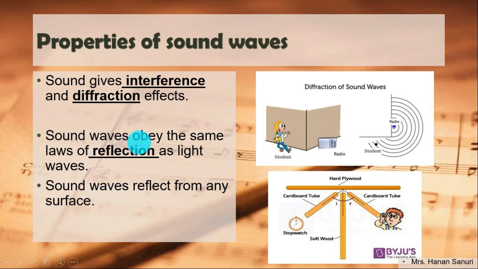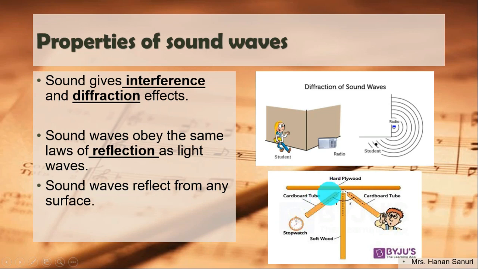Sound waves obey the same laws of reflection as light waves. We talked a lot about the law of reflection of light. Here also, sound waves obey the law of reflection, so they reflect from any surface.